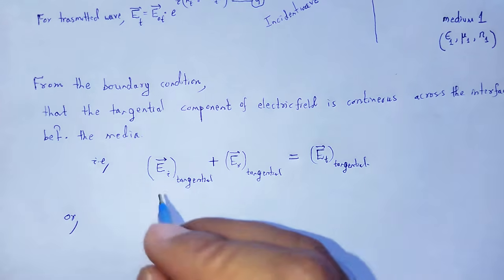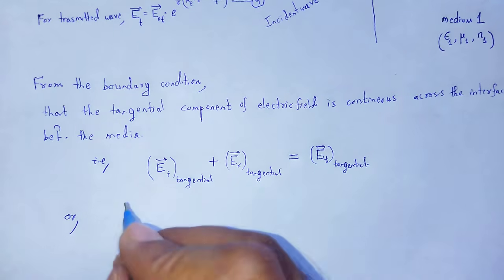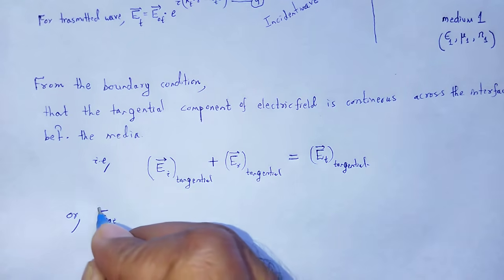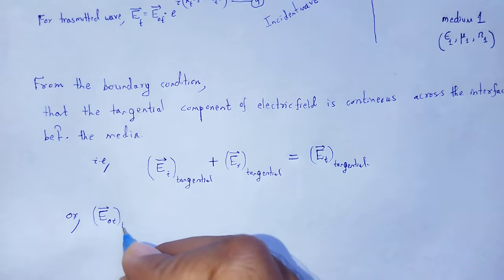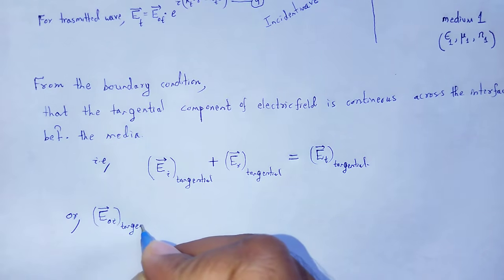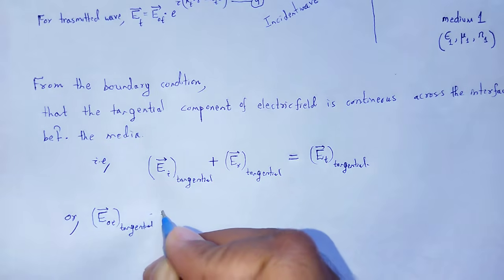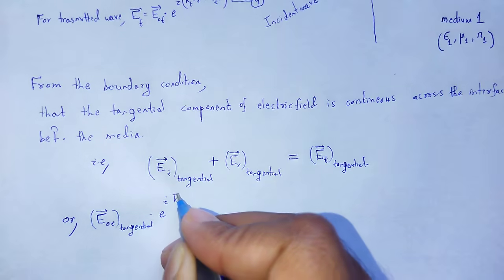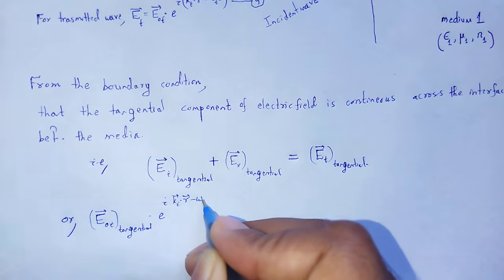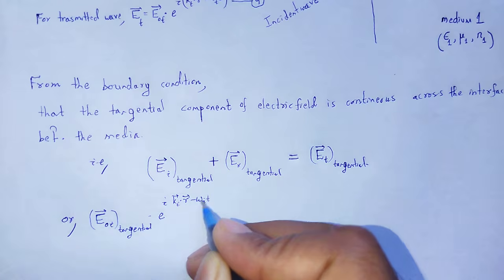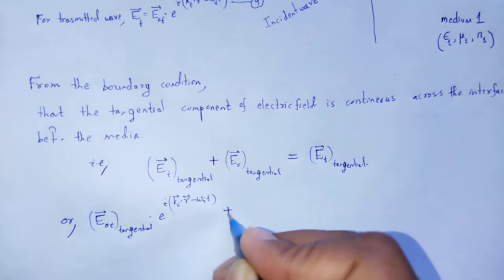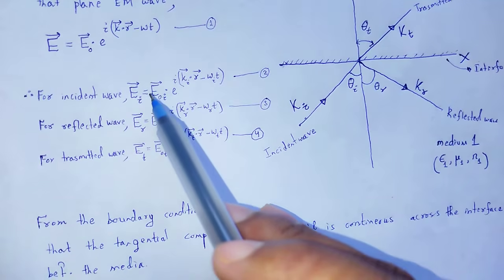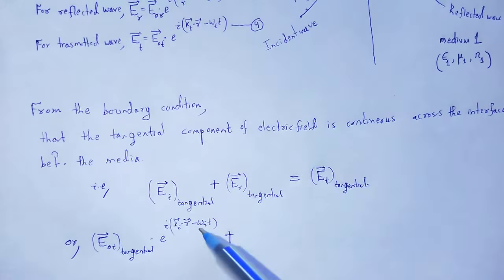So, using the value of E i tangential component as E0i tangential component into e to the power i (k i dot r minus omega i t), plus, just use the value of E i vector, its tangential component.